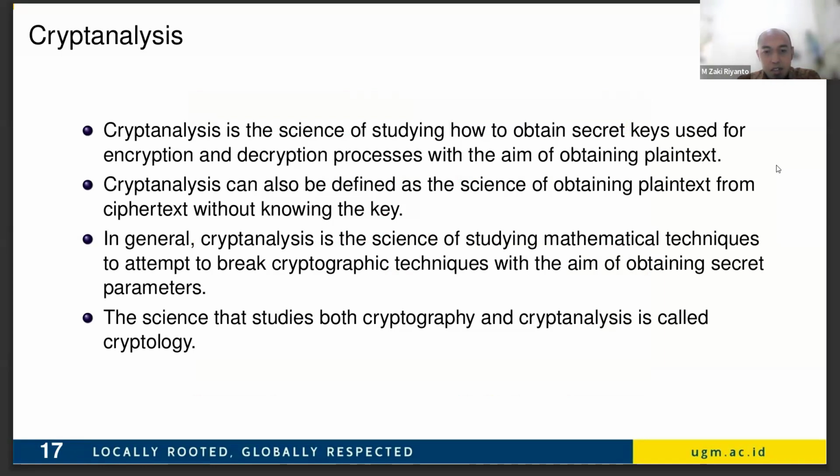In general, cryptanalysis is the science of studying mathematical techniques to break cryptographic techniques to obtain secret messages. And cryptology is the science that studies cryptography and also cryptanalysis.